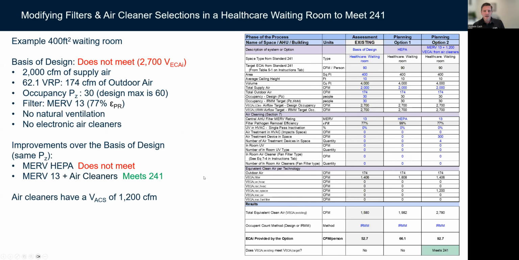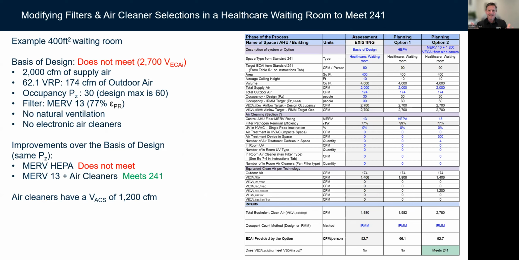This is, call it a doc in the box, or a dentist office waiting room. Okay, this is probably the most disturbing scenario. If you look at the top, the target ECAI, line 5 in the chart, has a room requirement of 90. You're supposed to deliver 90 CFM per person because this is a known space where sick people congregate.